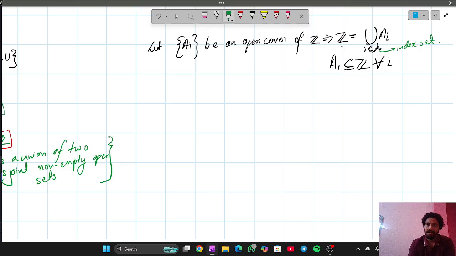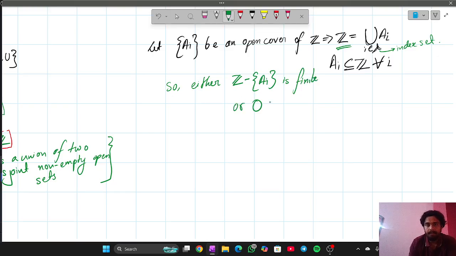So either Z minus A_i is finite or 0 does not belong to A_i, as it is given in the question.